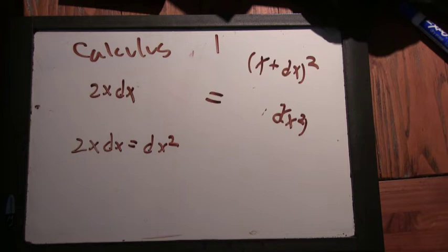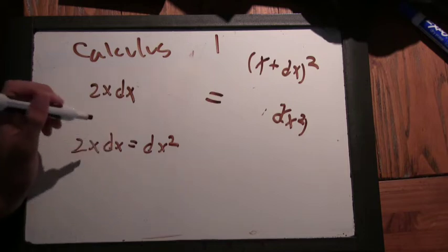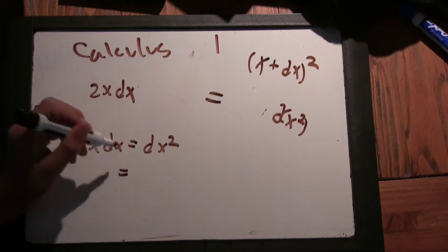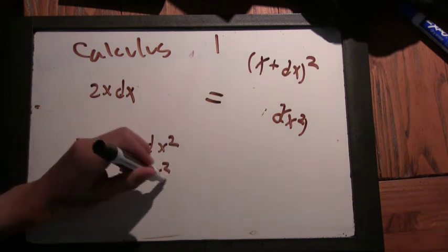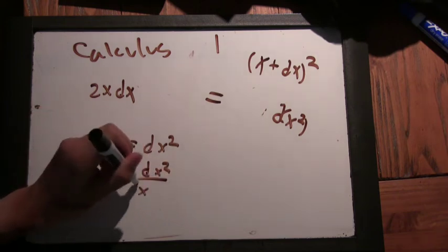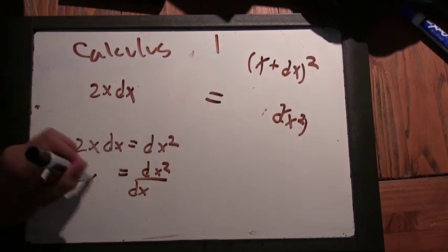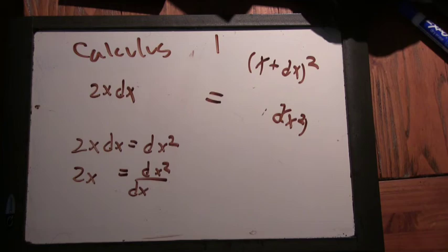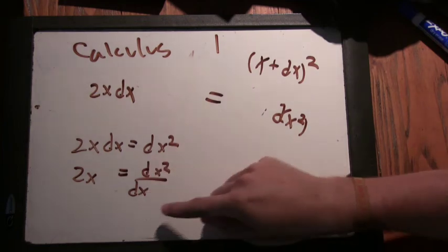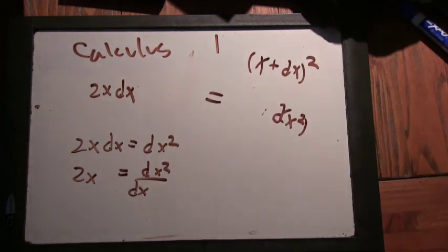Now I think the derivative is going to be d of x squared over dx. Yeah. I think that's how it works, and then equals 2x. Okay, it tells us the derivative of x squared, so d by dx of x squared is 2x.